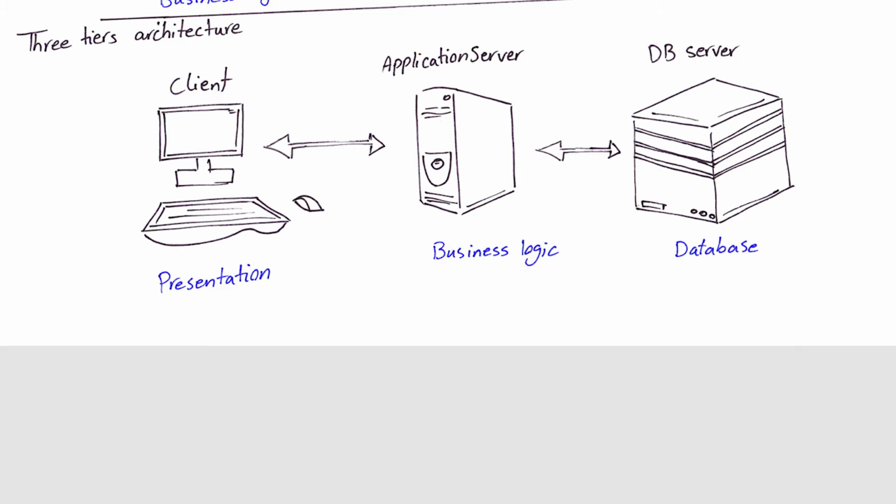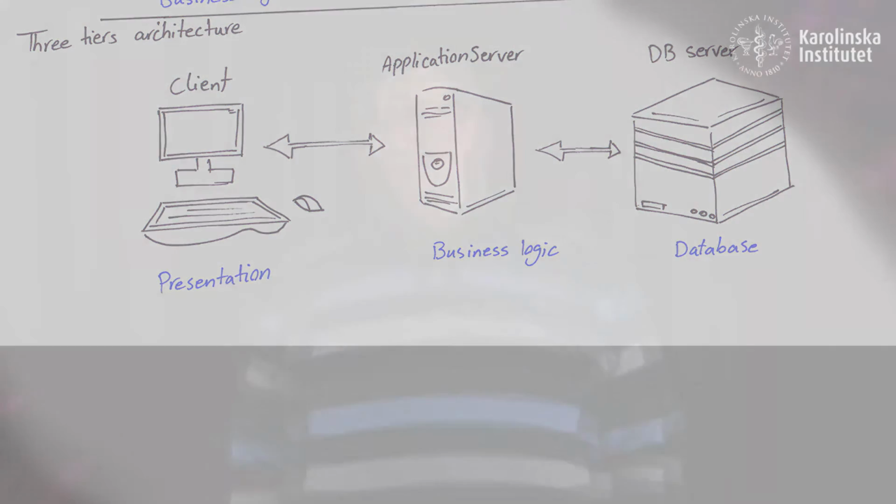A new tier was added for handling business logic, and in three-tier architectures, the presentation layer is on the client, the business logic is on the application server, while the database is on the database server. Other than scalability, the parameters to evaluate are as follows: performance, flexibility, system integration, and ease of use.